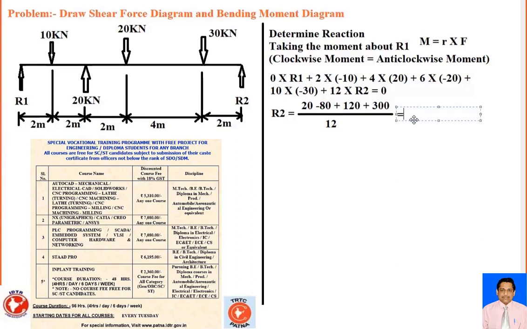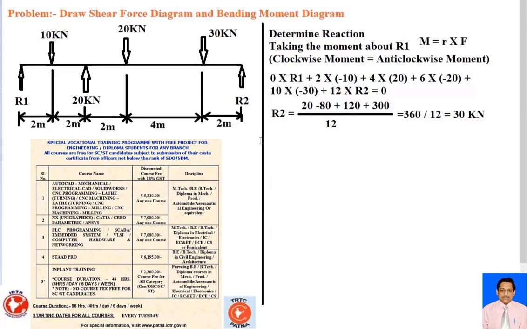Minus 440 and 420... 440 minus 80 is 360, divided by 12 equal to 30 kilonewton. So R2, the reaction value, is 30 kilonewton.